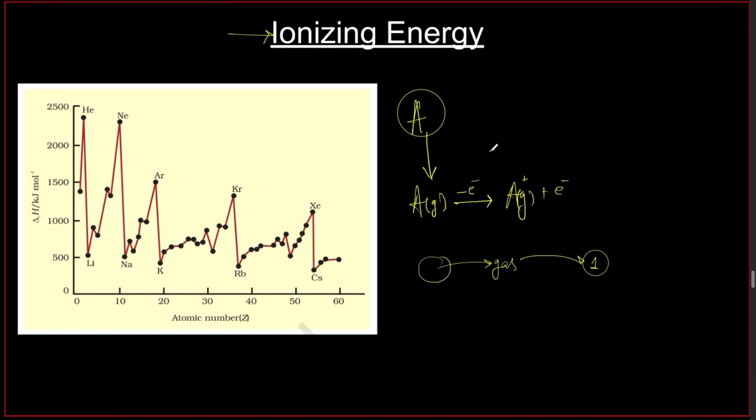This ionizing energy will be your IE1 when you take the first electron out, and when you take the next one, it will be your IE2. Pulling the first electron is much easier.